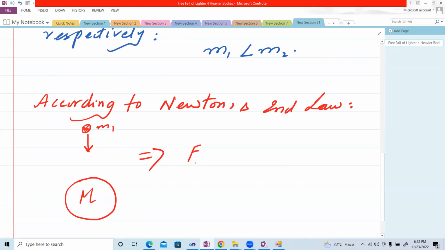F m1 equals G m1 M over r squared, where the second mass is the mass of Earth and r is the distance between their centers, center to center.